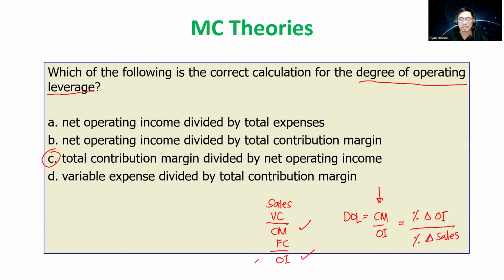If your CM and your OI, if both or any of these two is not available, you can make use of this formula as well. All right. So the answer is letter C.